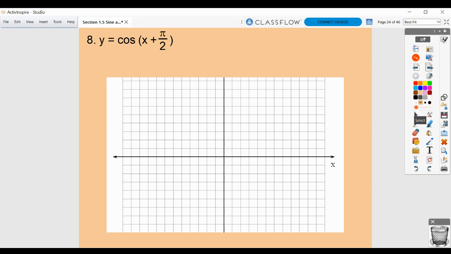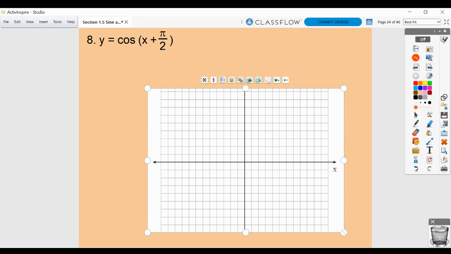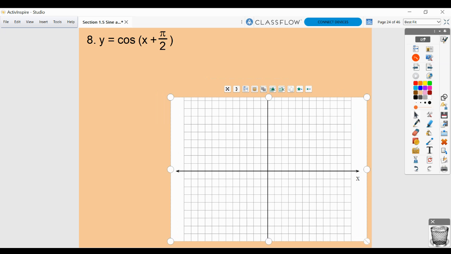Okay, I will go ahead and do this one. So this is y equals cosine of x plus pi over 2. So amplitude is 1, period is 2 pi, because each of those are 1. So we can label.